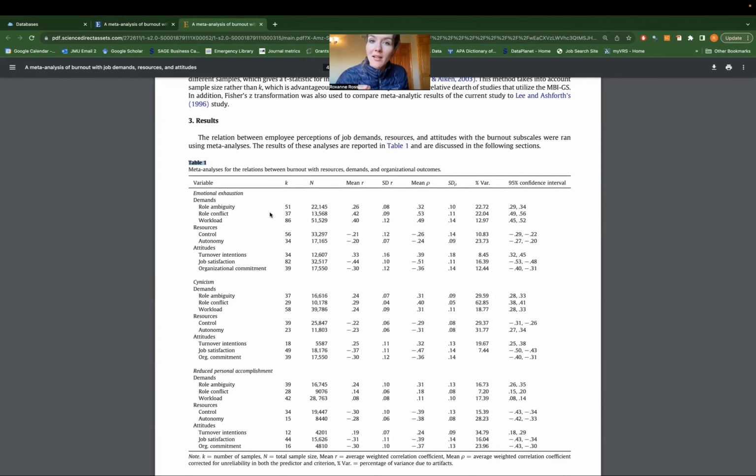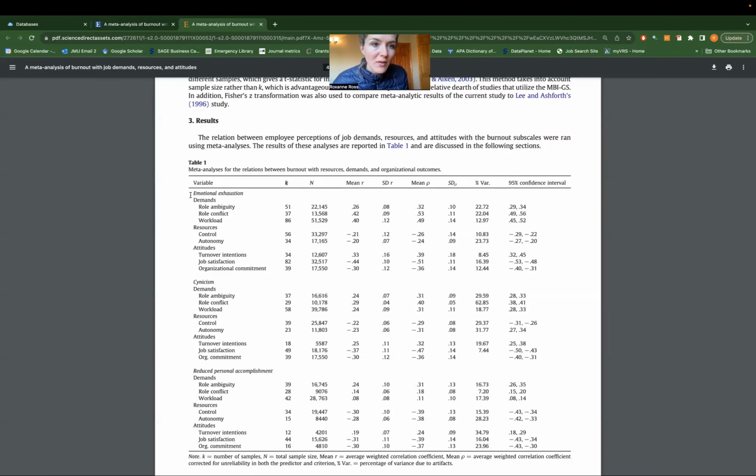The way you can tell if this is the table that you want is you usually see a list of variables, listed in a column like that. And then these other columns are telling you a bunch of aggregated effect sizes. K is the number of studies that they aggregated.